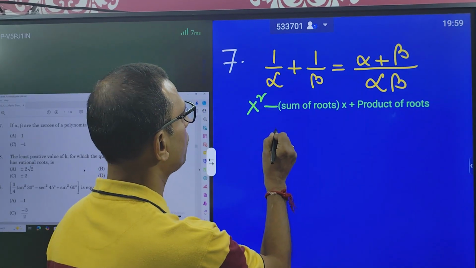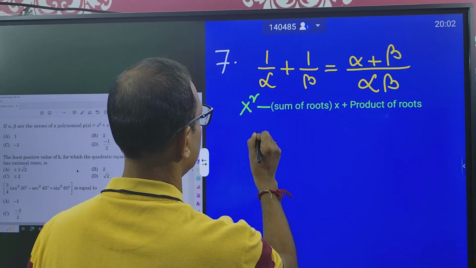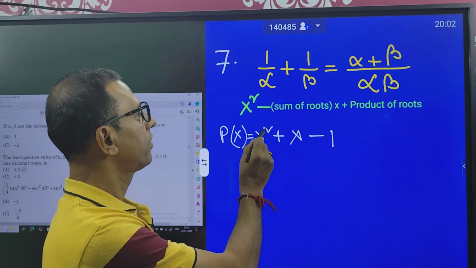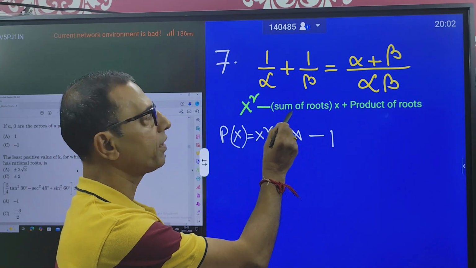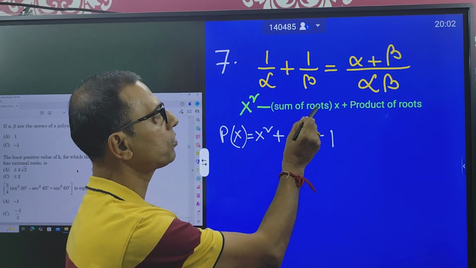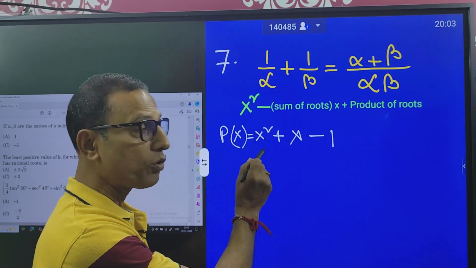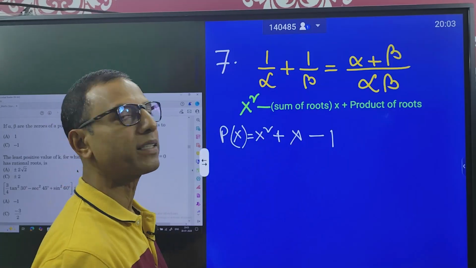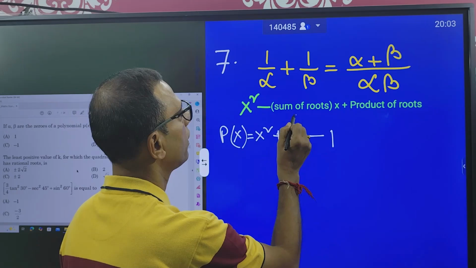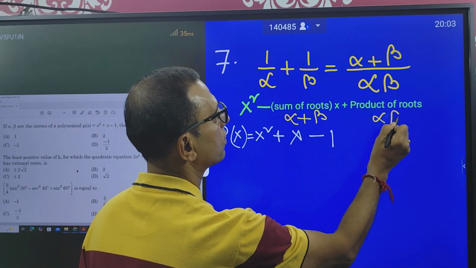So the equation is given, x square plus x minus 1. The standard form of the quadratic equation is x square minus sum of the roots into x plus product of the roots. Now the given polynomial is p(x) equals x square plus x minus 1. Alpha and beta are the roots, so the summation of the roots is alpha plus beta, and the product of the roots is alpha beta.